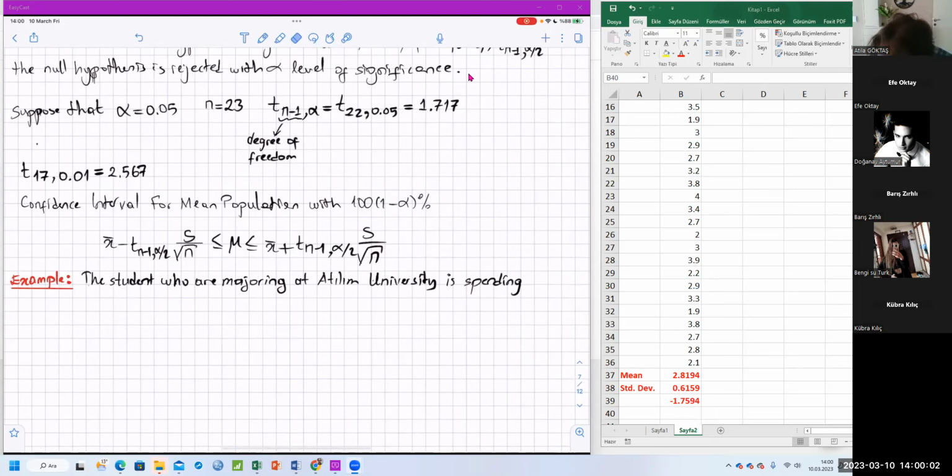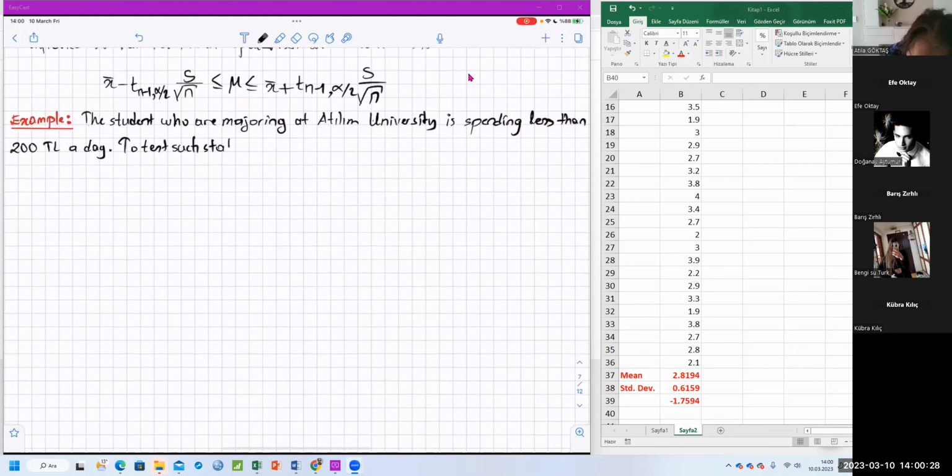Spending less than 200 Turkish liras a day, to test such a statement is true or not.